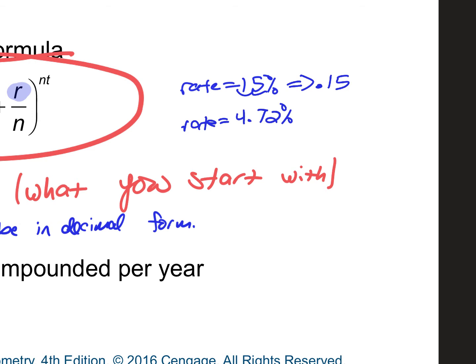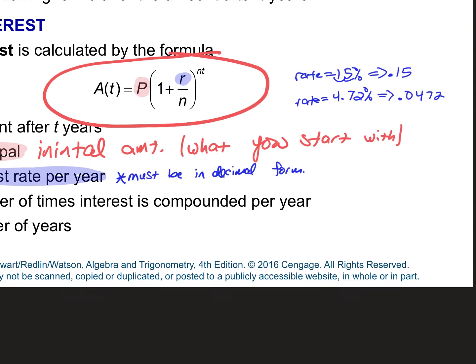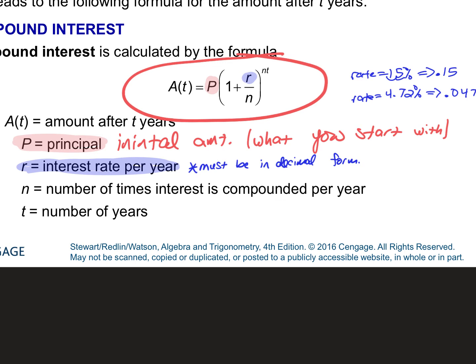How do I turn 4.72% into a decimal? I have to move that decimal point. So this really becomes 0.0472. Huge difference in calculations between 4.72% and 0.0472. You guys see that? Okay, I'm making that a super duper important point.